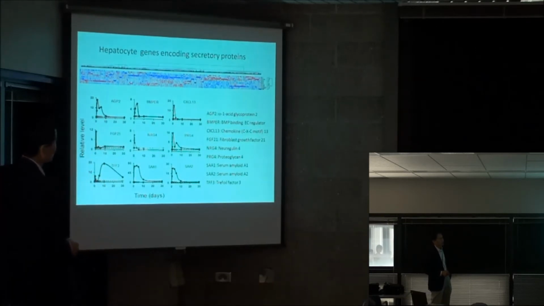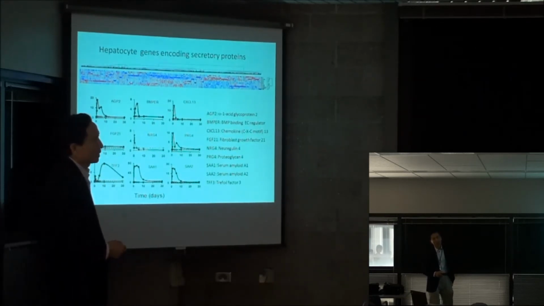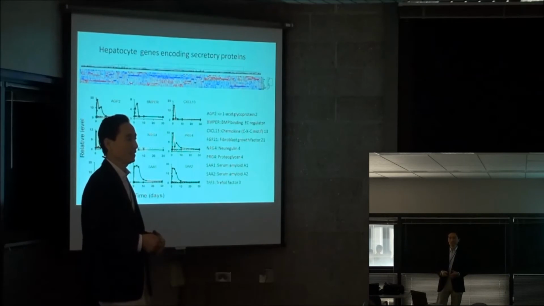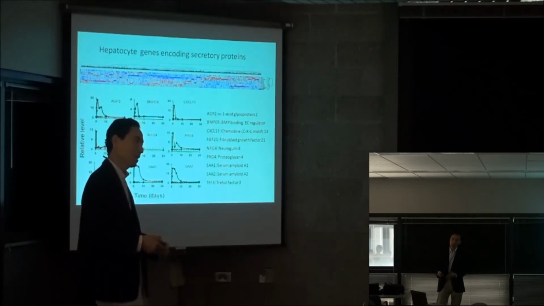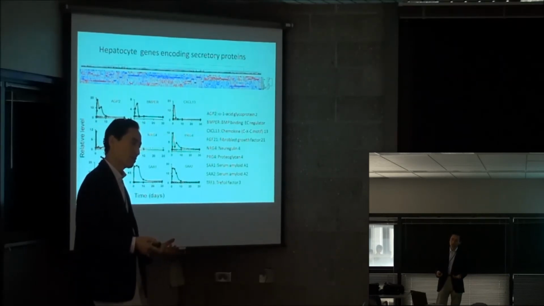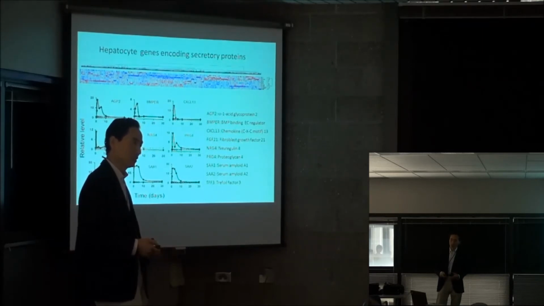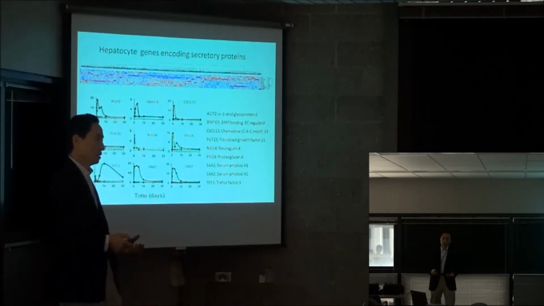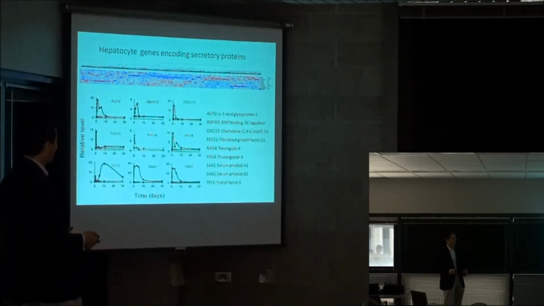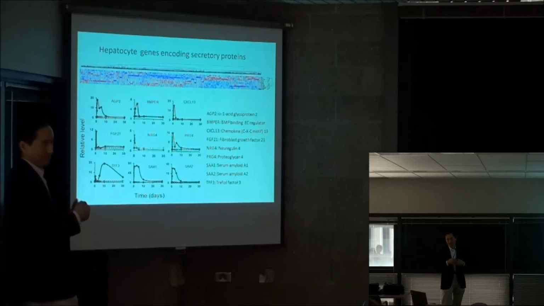What we found was there were about 600 genes in liver cells upregulated in response to myocardial infarction. About 300 liver genes were downregulated in response to myocardial infarction. But we did not care much about the intracellular molecules.